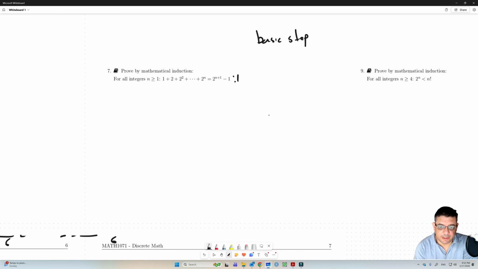of course, we're defining this as P of n. So the basic step will be what happens at 0. The left side is just going to be equal to 1, right? Since we have 2 to the 0.